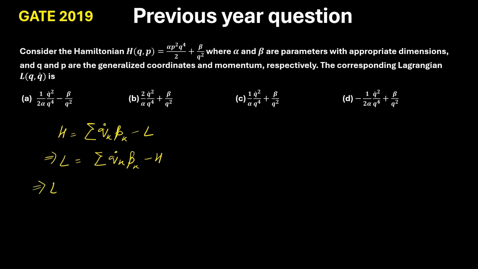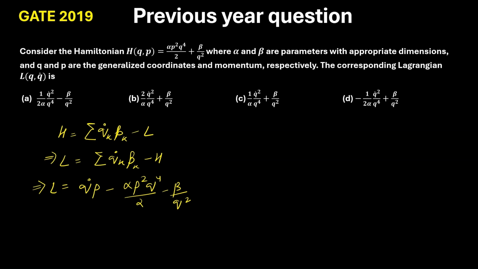The Lagrangian will be q dot p minus alpha p square q to the power 4 by 2 minus beta by q square. So this is the Lagrangian. But I think it is not matching with any of the options.